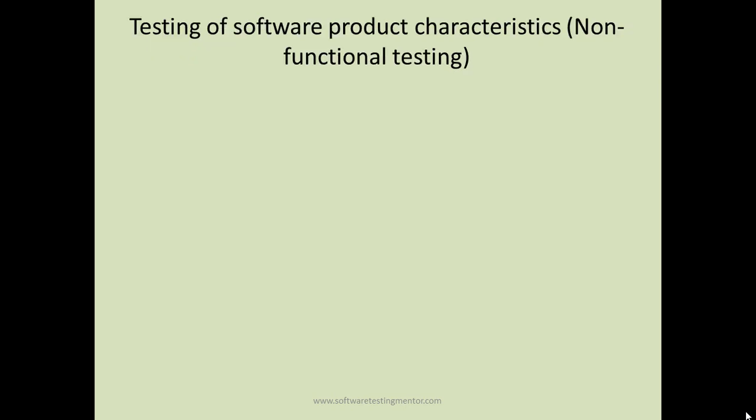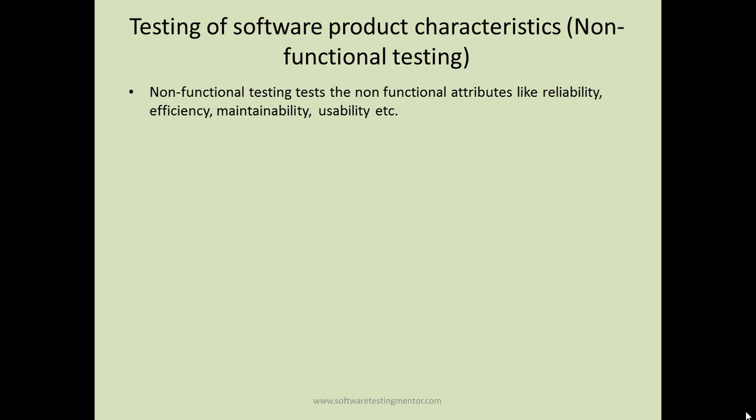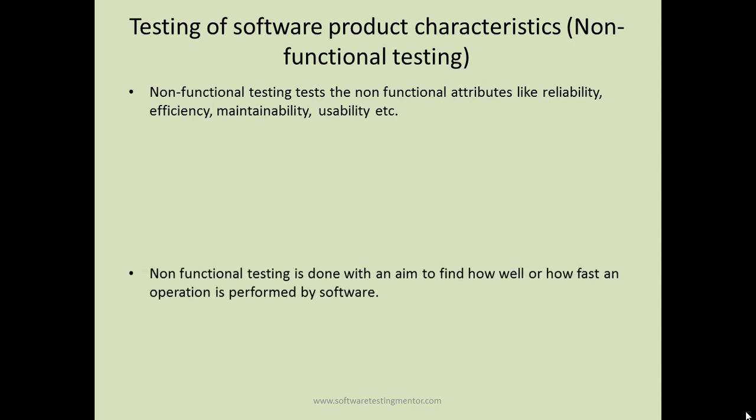Then testing of software product characteristics, or non-functional testing. So this is the second type of testing. Non-functional testing tests the non-functional attributes like reliability, efficiency, maintainability, usability, etc. So these attributes are all non-functional. Any testing related to non-functional attributes is known as non-functional testing.